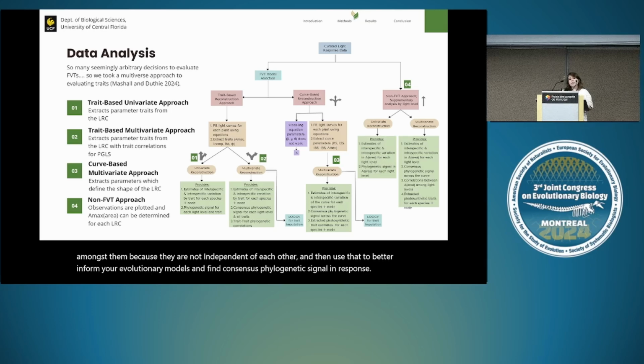Or alternatively, we tested this new approach for the curve-based reconstruction, where after fitting the function valued trait, we found descriptor parameters of the curve to describe the linear behavior of the function valued trait, where we described the assimilation as a percentage of light exposure.